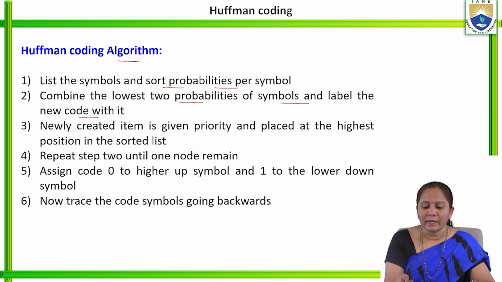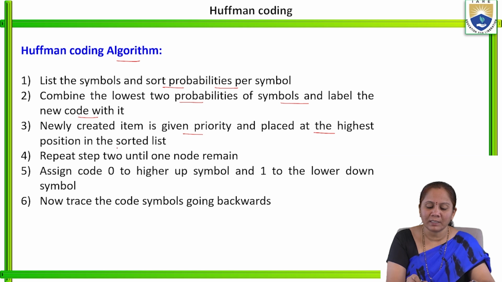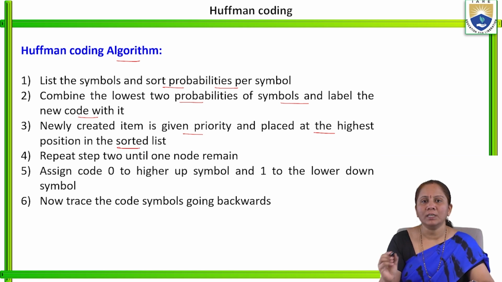The newly created item is given priority. If we add the bottom two numbers, another new number will be generated. That will be given the highest priority, and it should be placed at the highest position in the sorted list. So in the next step, we arrange that number in the highest place compared to the previous probabilities based on the sorting.